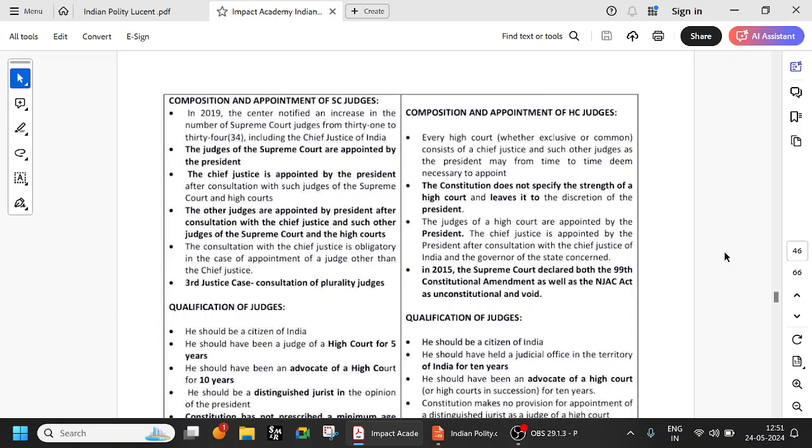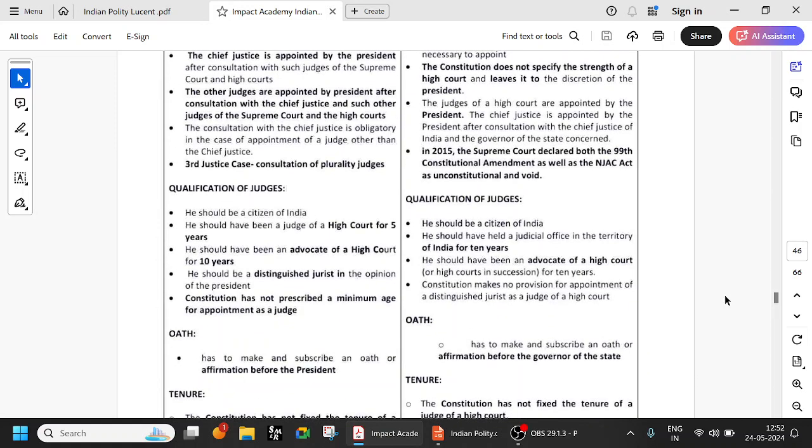There is some criticism on that point, and Parliament tried to bring in a combination of parliamentarians and judges to select the judges, but that was declared null and void. The judiciary is an independent organ and will not tolerate interference from outside.